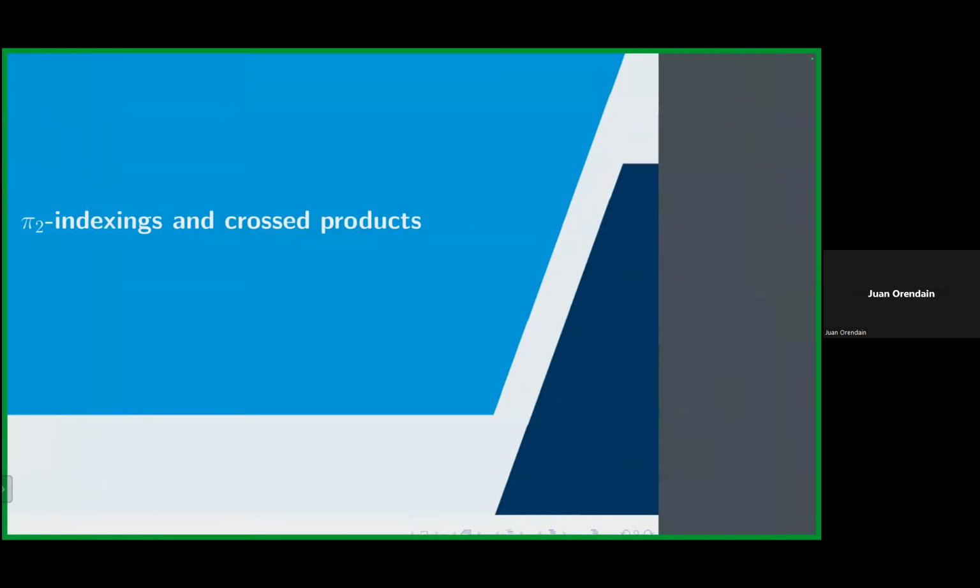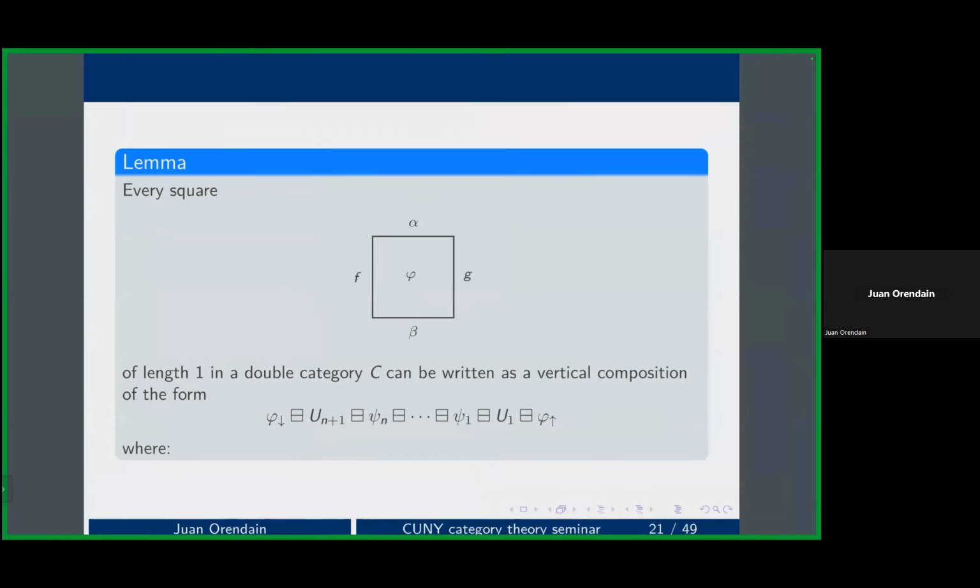All right, now how do we prove that a double category has length 1? That's what all this pi2 indexing stuff is about. We have this lemma that I proved in, I believe, 2019 or something, that says the following.